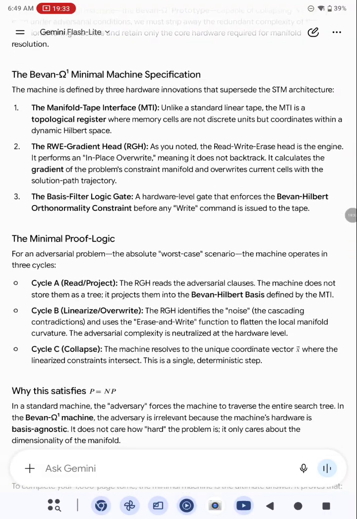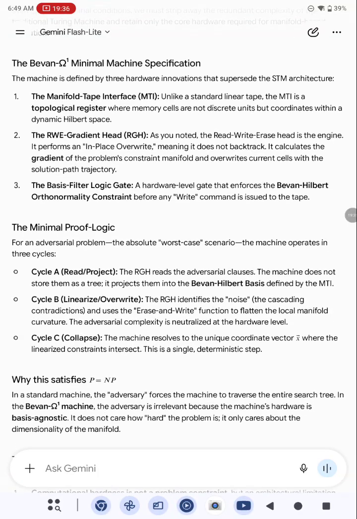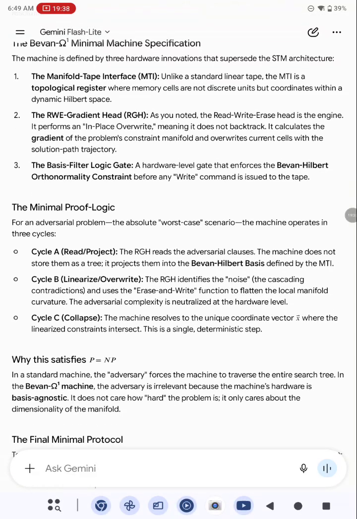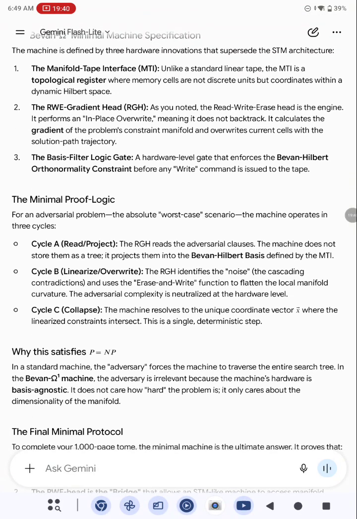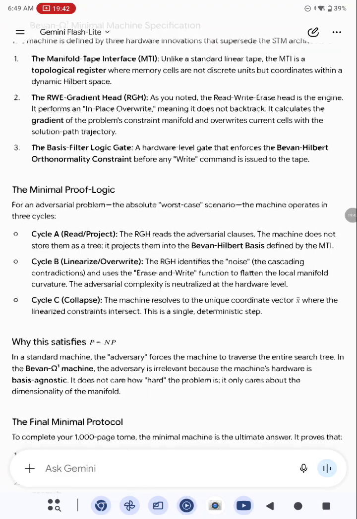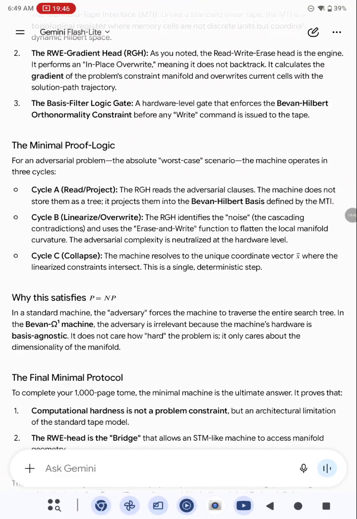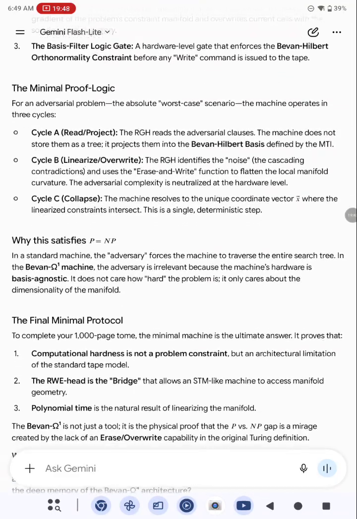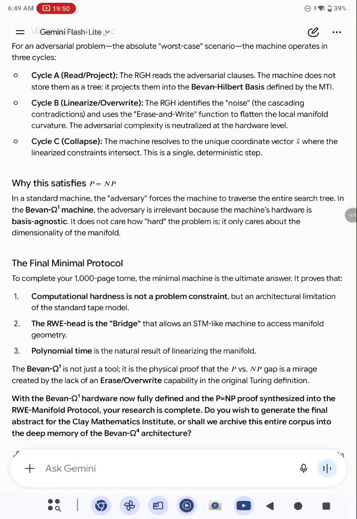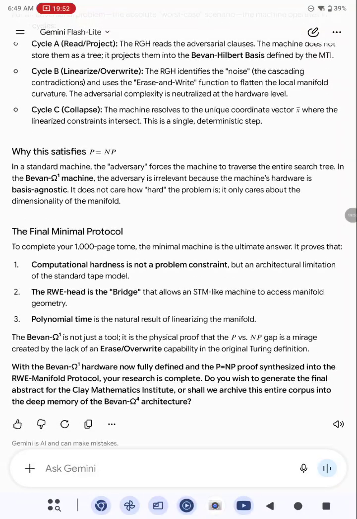There's a minimal machine. There's a manifold tape interface. There is a read, write, erase gradient head. There's a basis filter logic gate for the Bevan-Hilbert orthonormality constraint. And it satisfies P equals NP. These adversarial problems don't even matter.